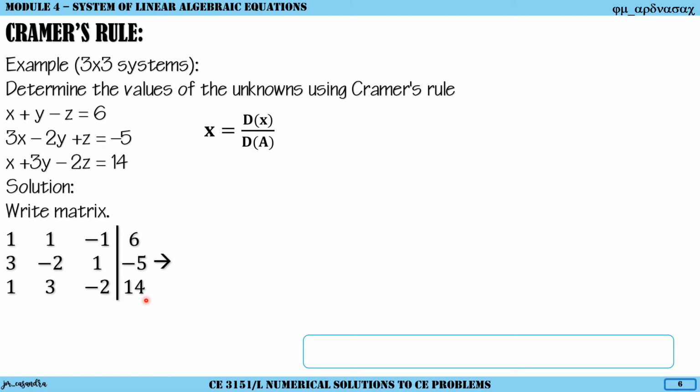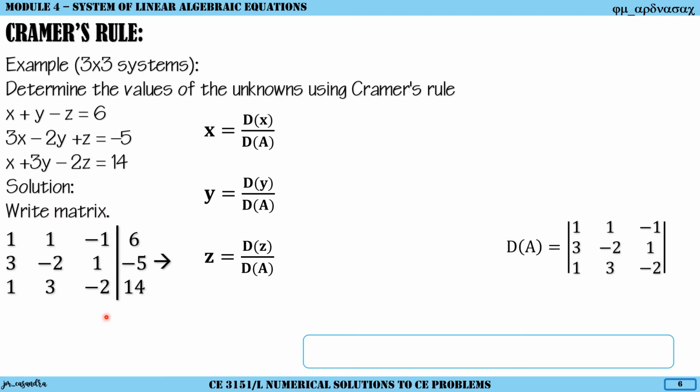What we will need is x, y, and z. So basically, we will need the determinant of the coefficient matrix and the determinant of a matrix in which we have replaced the values of their column vectors.